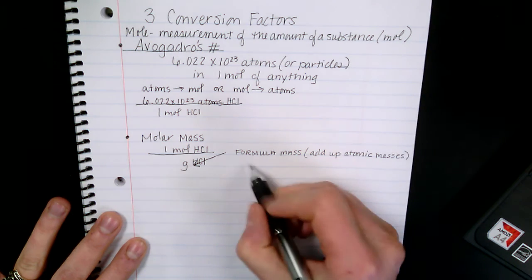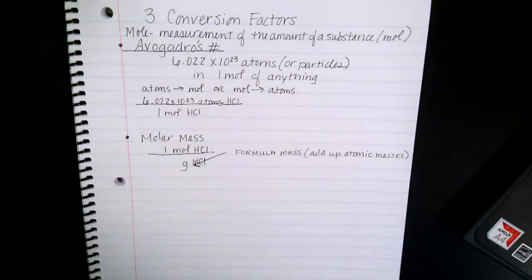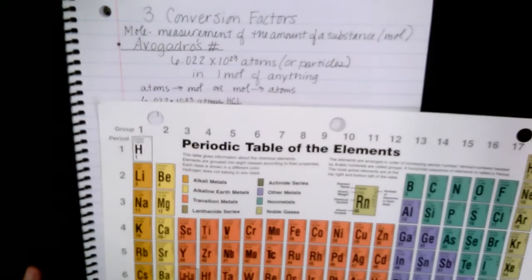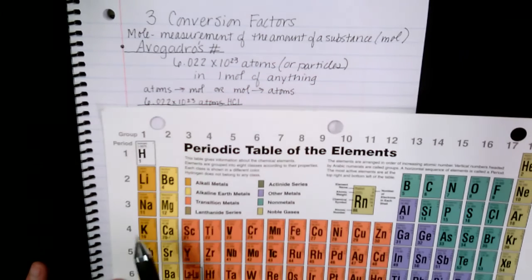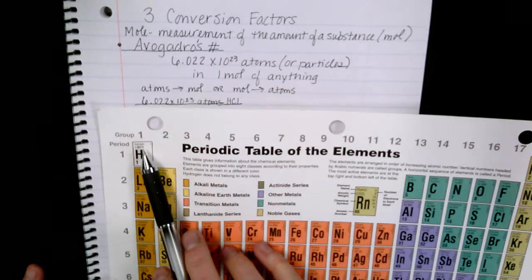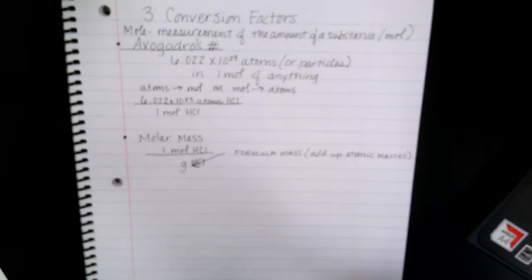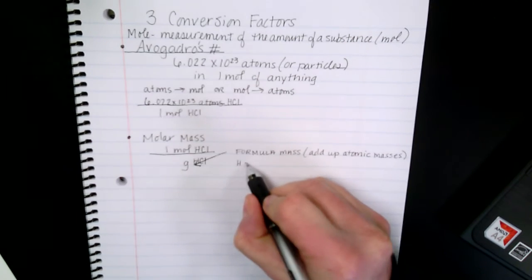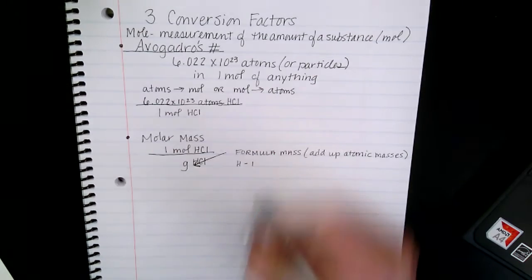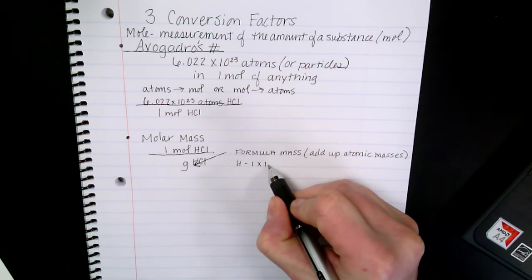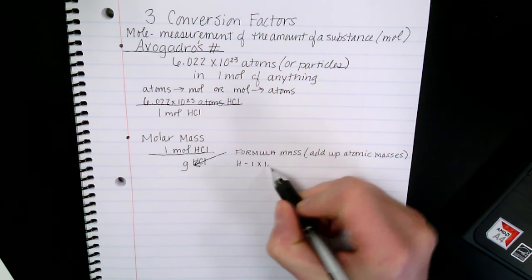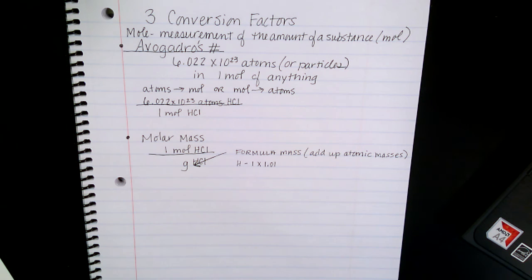So for the formula mass, we're going to look at the periodic table and find the atomic mass of each of these substances. Hydrogen, if you look on here, says 1.0079. For the most part, hydrogen is always just rounded to 1.01.